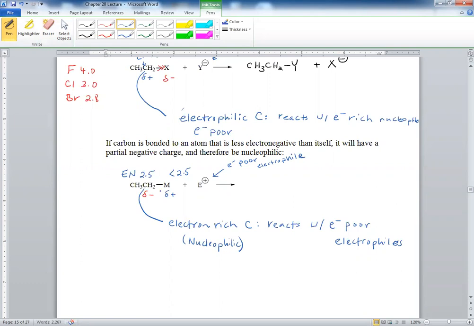So look what's happening now. C is going to be bonded to the electrophile E. So it's going to be CH3, CH2, E, plus M plus.